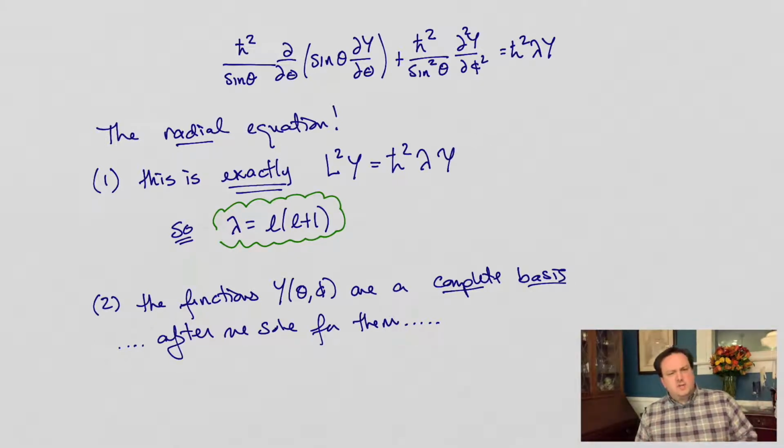What's also neat about the way that we decomposed the radial equation, or how we wrote it down, is that the combination of things on the left-hand side in this equation is exactly the L squared operator, the total angular momentum operator that we talked about last week, right? We derived the components of the angular momentum operator.